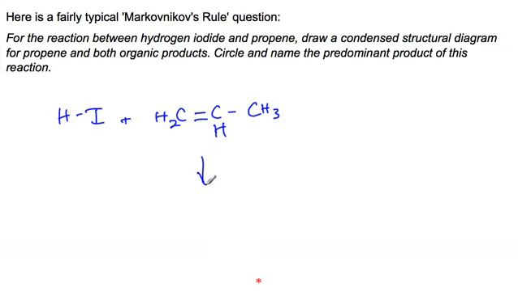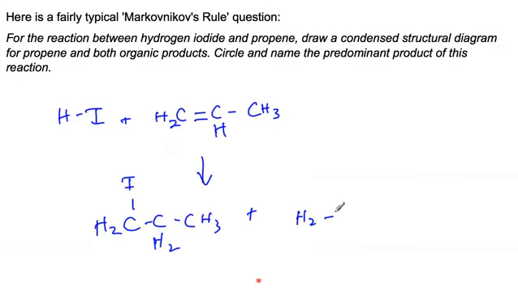And so what do we get? Well, we get CH3CHICH3... or rather, we put the iodine on carbon 1 and the hydrogen on carbon 2, or we get the iodine on carbon 2.